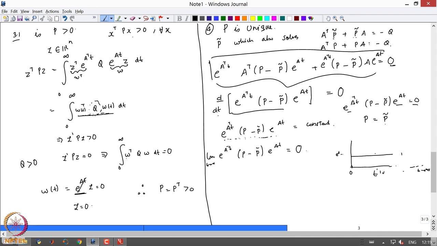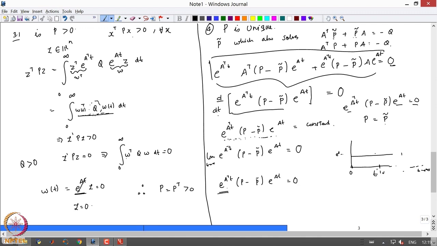If it is a constant valued function, then the same value should also hold at t equal to 0, at t equal to 10, and so on. And therefore this matrix, P minus P tilde, is 0, again because the system is exponentially stable.